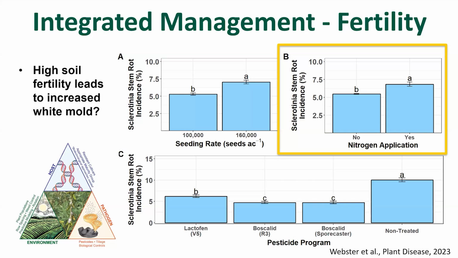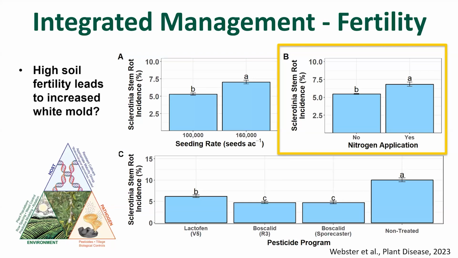Now, what happens is when we have a greater amount of nitrogen present in that soil, those plants are going to get bushier, they're going to get taller, and canopy closure is going to occur sooner. And we're going to see this increase in sclerotinia or white mold incidence. This makes sense: the healthier the plants are, the more conducive that microenvironment is going to be.